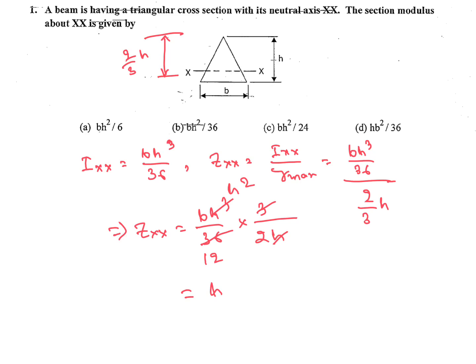So it will come bh square by 24. Z axis, bh square by 24. C is the answer.